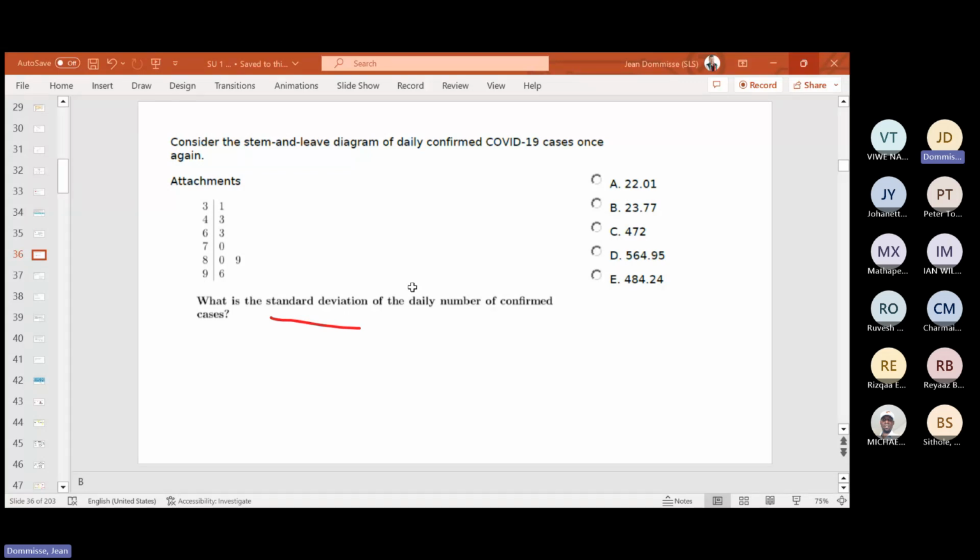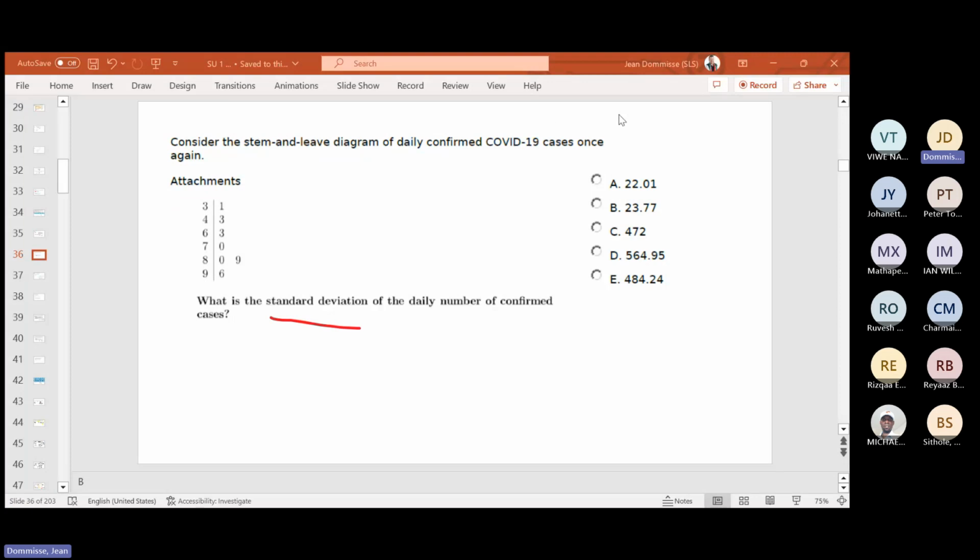So while we're chatting, I'm quickly typing the numbers in Excel, and then I will show you what I did. So I'm just quickly looking at the data. So it's 51, 43, 63, 70, 80, 89, and 96.